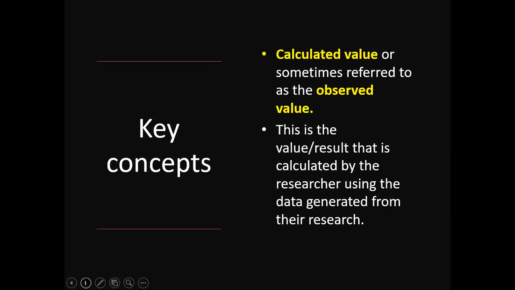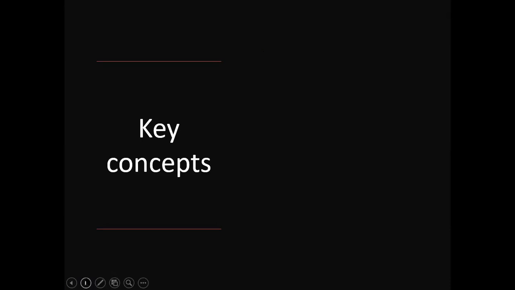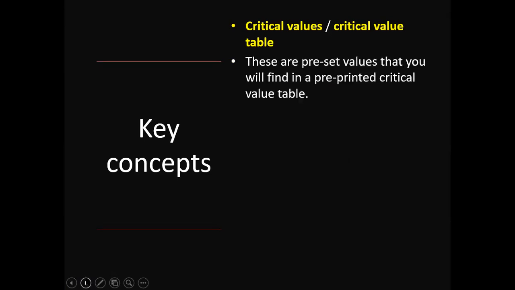So it's the calculated value, a very important value, because that calculated value needs to be compared to our next key concept, the critical value. And we get these critical values from critical value tables. Now, these are preset values that you find in a pre-printed critical value table.